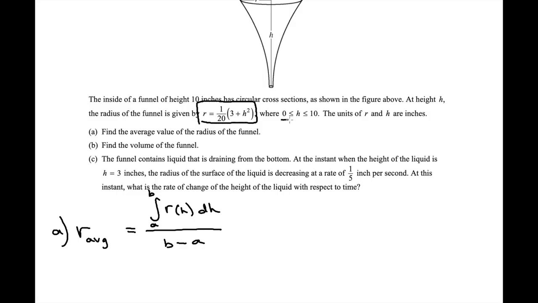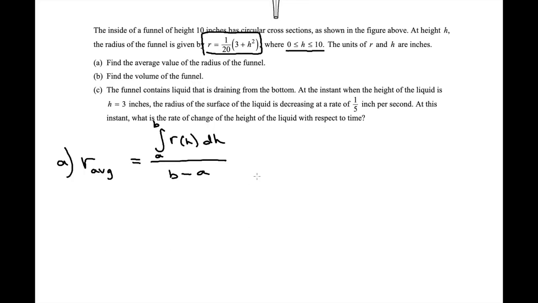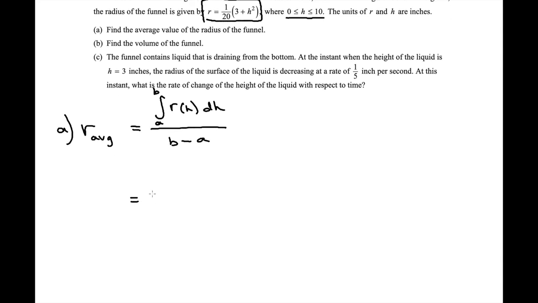So we're looking at the interval from 0 to 10. What we're going to have is the integral from 0 to 10 of r of h, which is this function here, 1 over 20 times 3 plus h squared, dh, over 10 minus 0, which is just going to be 10.